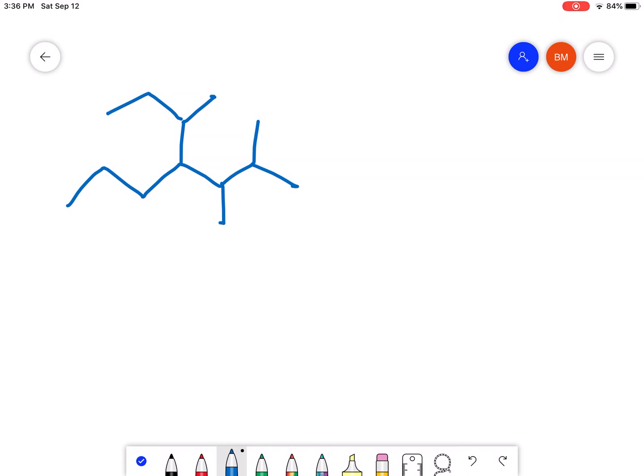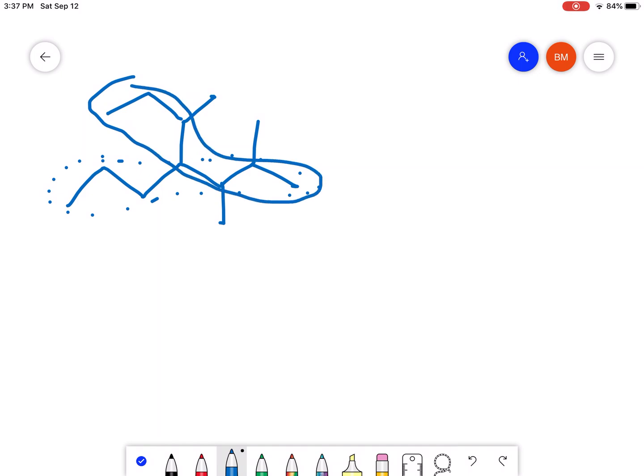We could go like this, or we could go like this. Either way, we have a longest continuous carbon chain of 7. So what was our rule? Well, our rule is we use the one that gives us more branch points, more substituents.